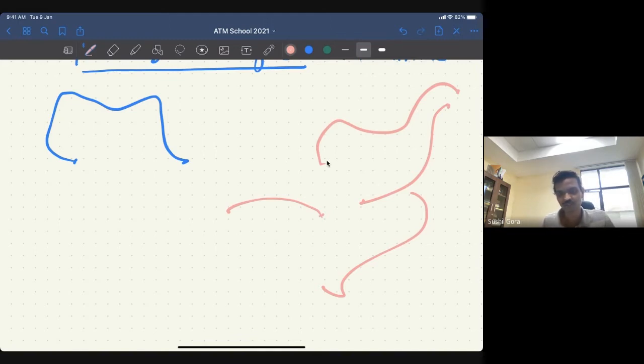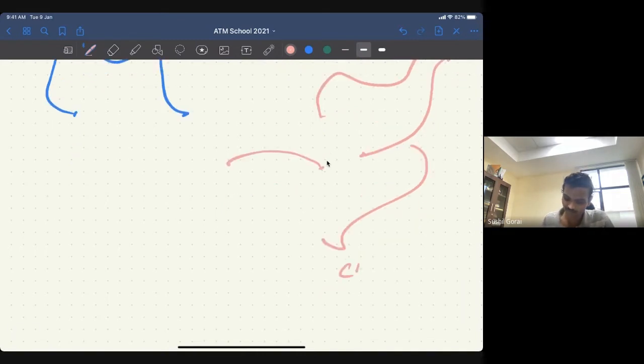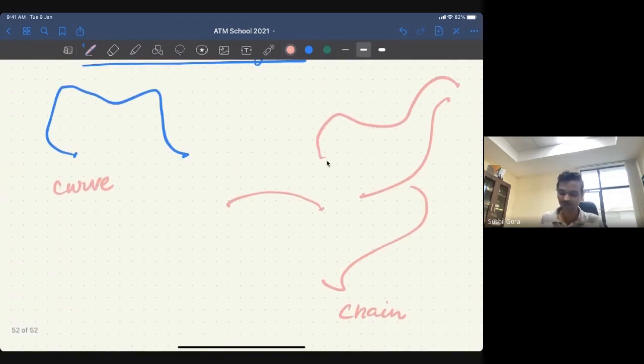Okay, how do you consider? So this gives you a chain, and this is a curve. So a curve is always a chain, but a chain is actually kind of a disjoint union of curves. Well, one can make this as two curves, and so on.